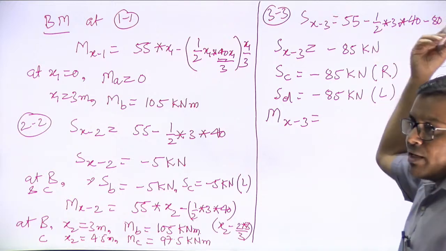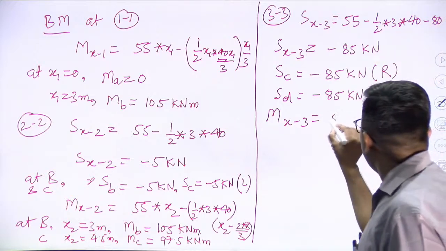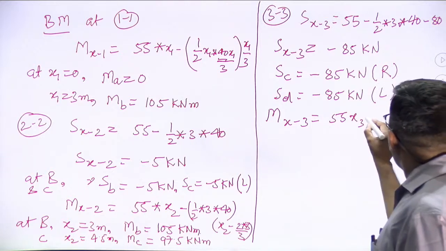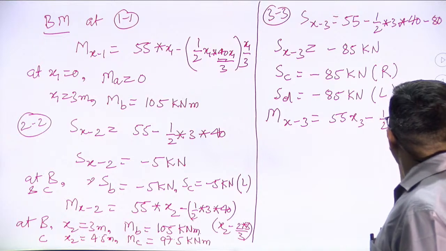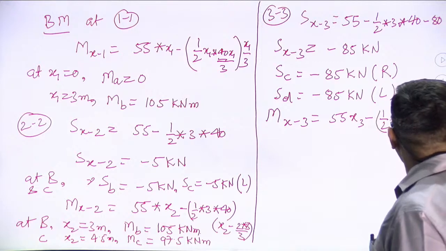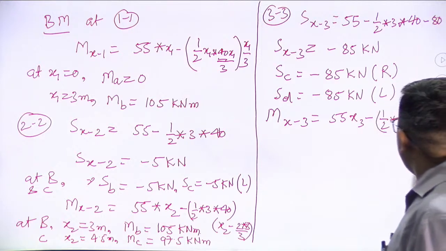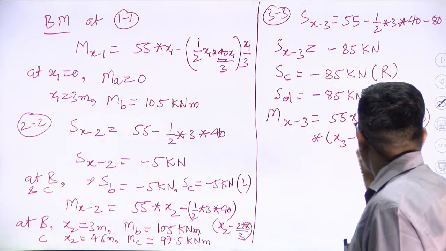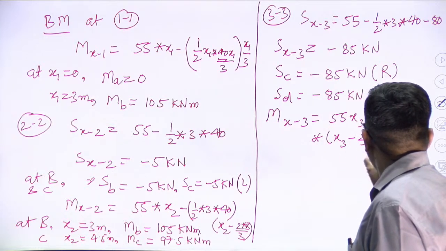So 3 moment components will be there, and it will be 55 into x3 minus half into 3 into 40. This is the load I am writing, and how far it will be? It will be at x3 minus 2L by 3.